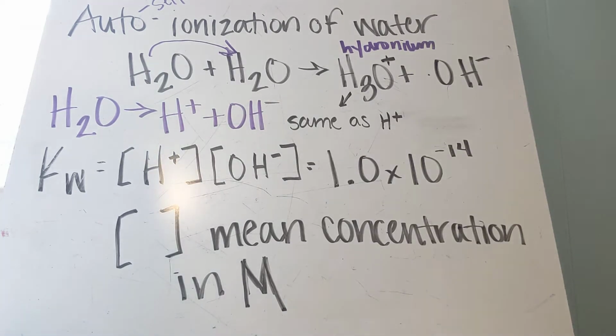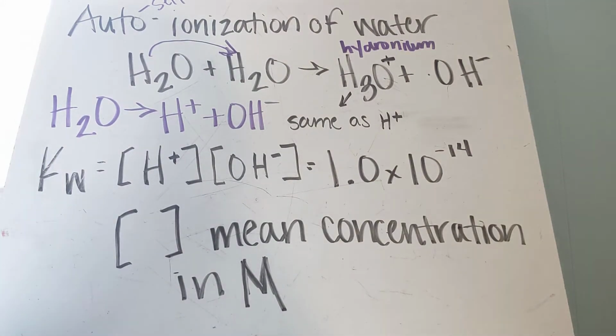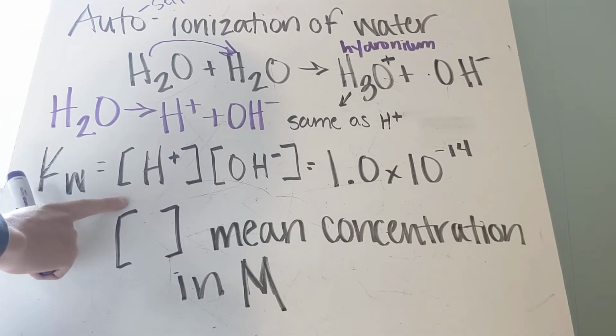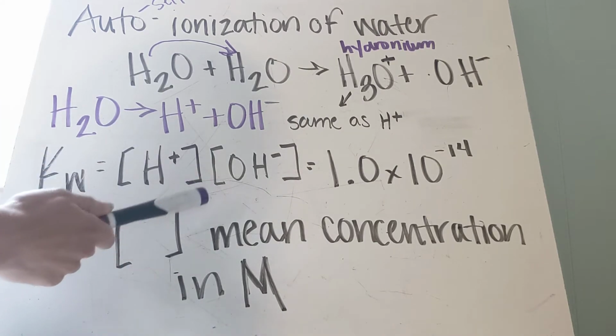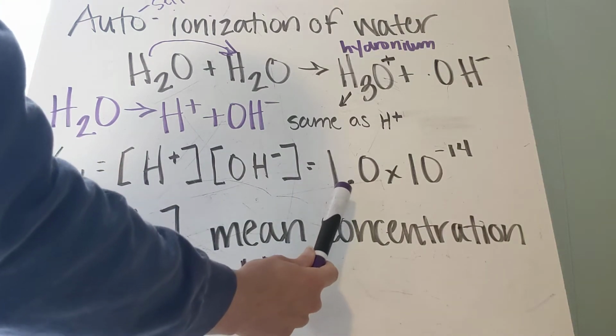For the equation that you're going to be using today, you need to know the formula for Kw. You looked at acid ionization constants and base ionization constants last week. Using the same type of formulas is how we get the autoionization constant, or the Kw, for water, which is where we have the concentration of H plus ions multiplied by the concentration of OH minus ions in solution, and we get the constant 1.0 times 10 to the negative 14th.